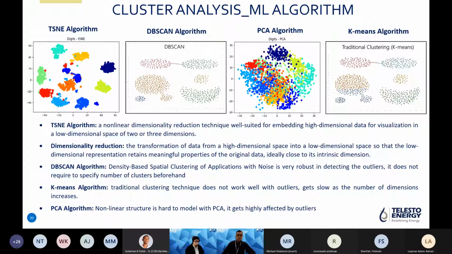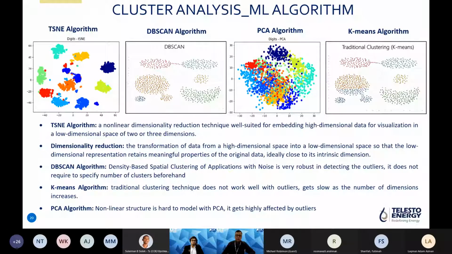These are some of the algorithms that are used for clustering. Here we have used t-SNE. t-SNE is a dimensionality reduction technique where you can bring high dimensional data for visualization into a low dimensional space of 2 to 3 dimensions.